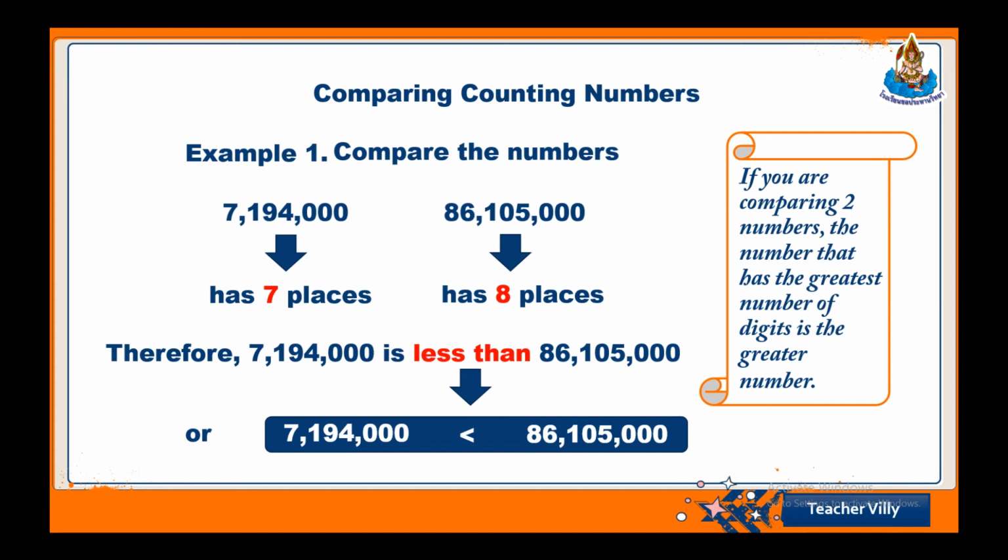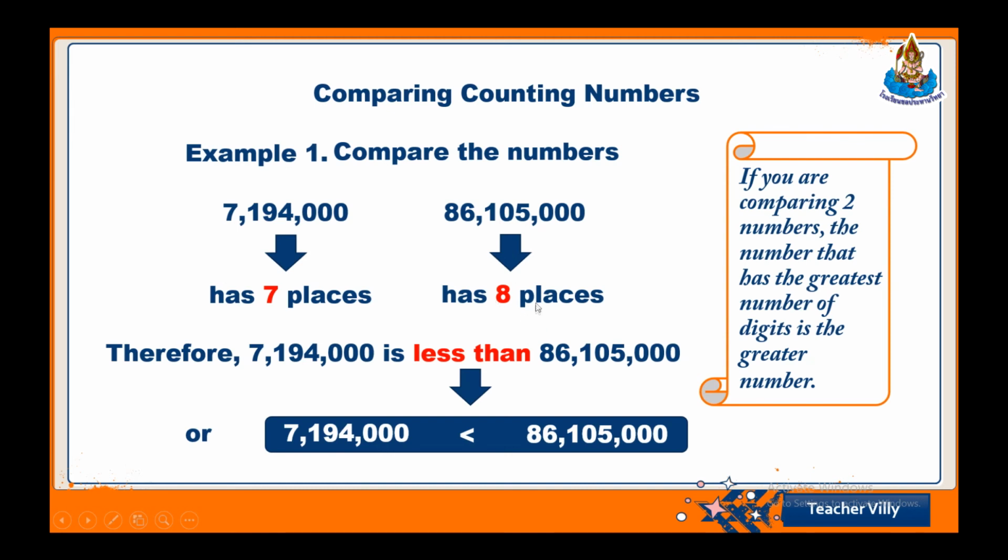What does it mean? If you are comparing two numbers, the number that has the greatest number of digits is the greater number. Going back to this, 7,194,000 has 7 digits or places, while 86,105,000 has 8 places or 8 digits.